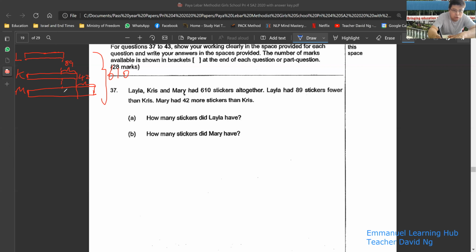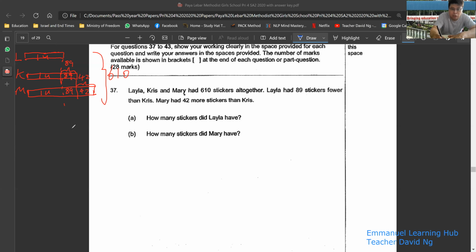You understand my model drawing? You agree Layla is 1 unit? So these are all 1 unit here, right? This is 89. So how many stickers does Layla have?